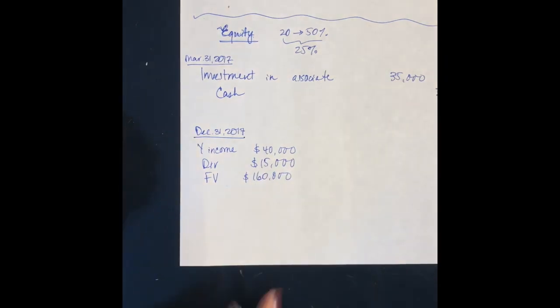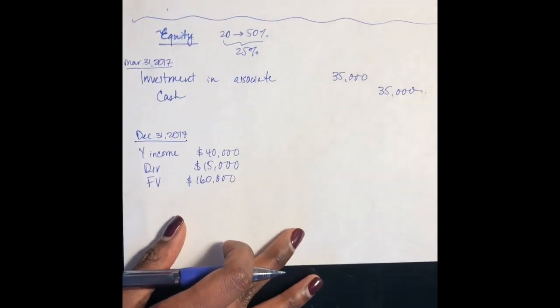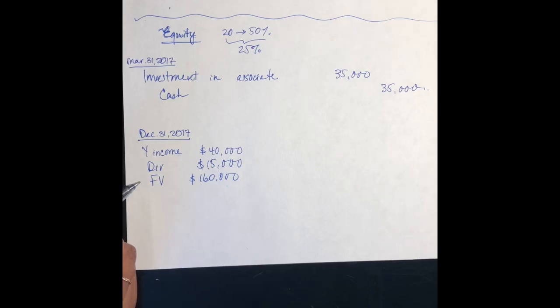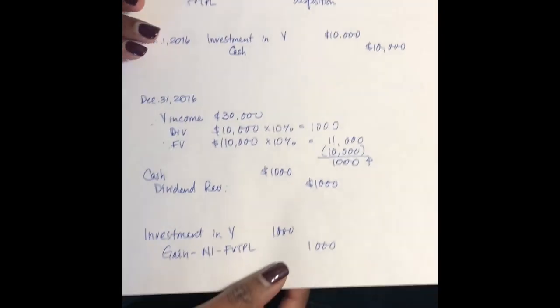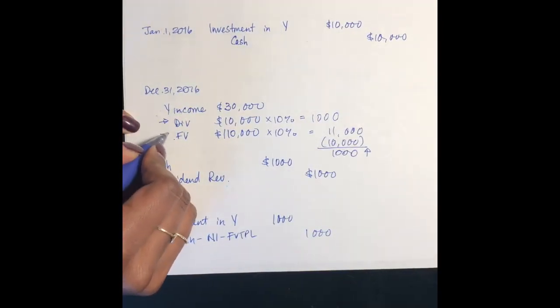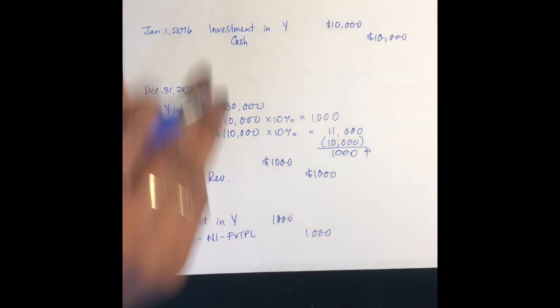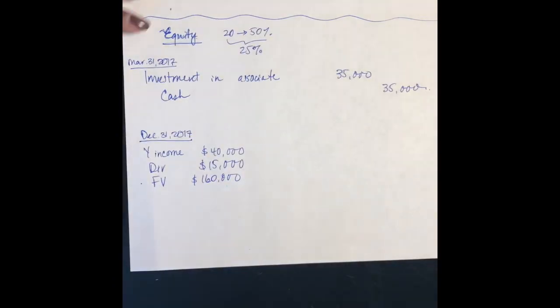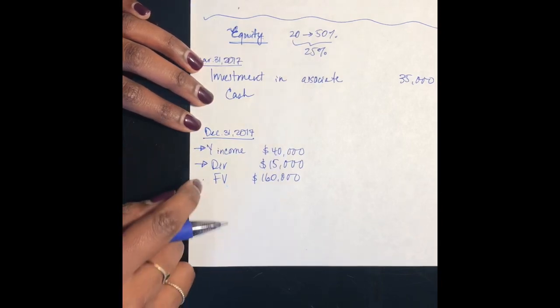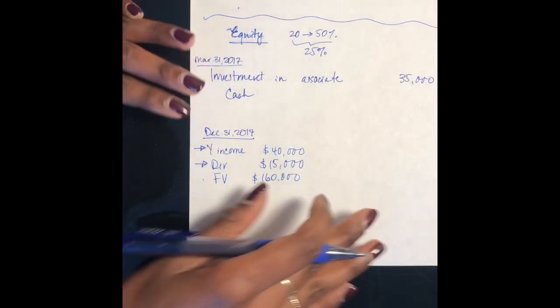Now, under equity method, when we pick up our share of income, we no longer care about the fair value, okay? This is why I told you, when we did it over here, when we did it the first time, I said we care about this guy and this guy under fair value through profit and loss. But under equity, we care about this guy and this guy. This under equity, we don't need it, okay?